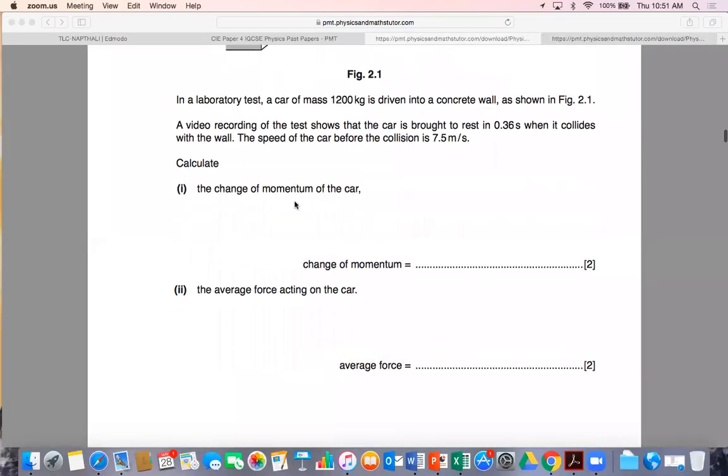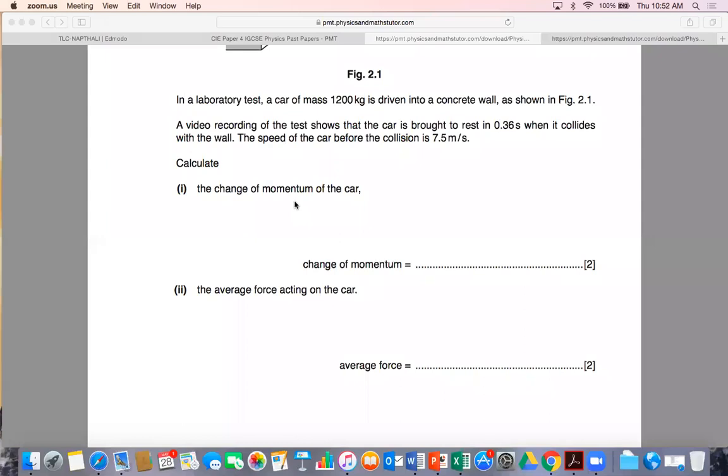So, the average force acting on the car. Now, force equals mass times acceleration, correct?